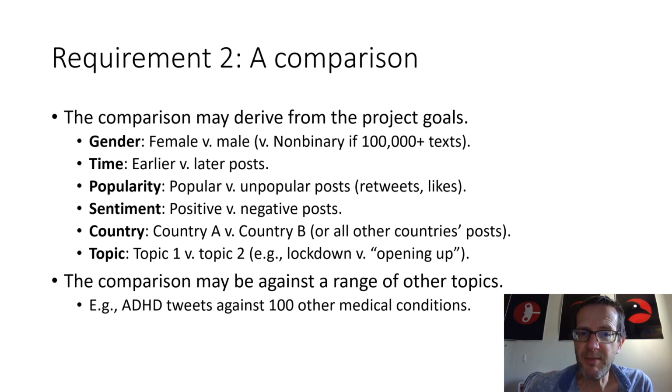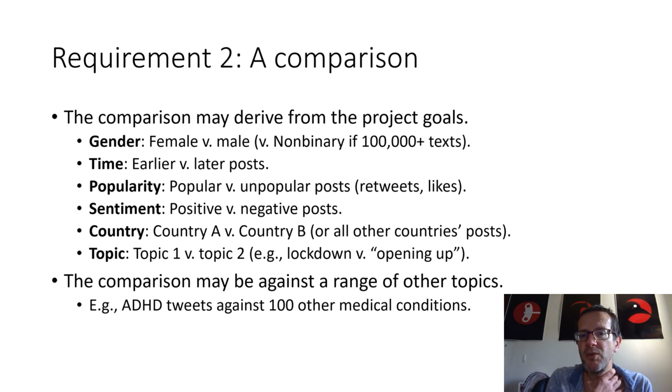And the comparison can be against a range of other topics as well. For example, one study has looked at ADHD, attention deficit hyperactivity disorder tweets against 100 other medical conditions. So this is one topic against 100 other topics.